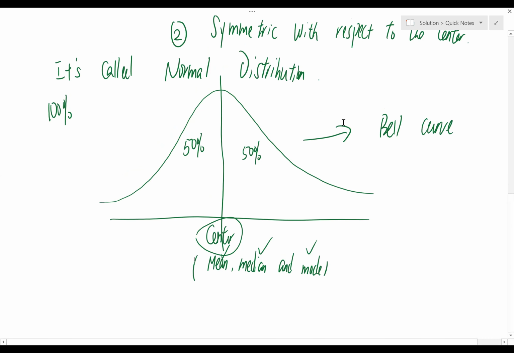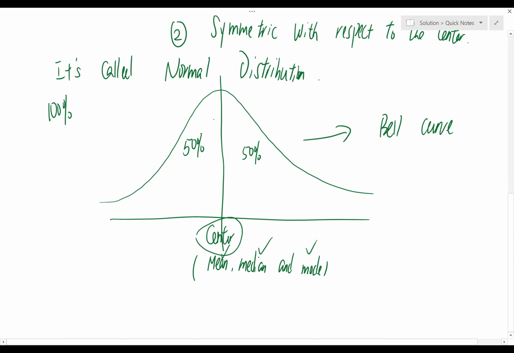So the bell curve is, first of all, bell-shaped, and also symmetrical with respect to the center. And the total probability under the bell curve is 100% because it's a probability distribution. From chapter 5, we know that for a probability distribution, total probability is always going to be 100% or 1. Also, the bell curve gives you the distribution of all the data values.